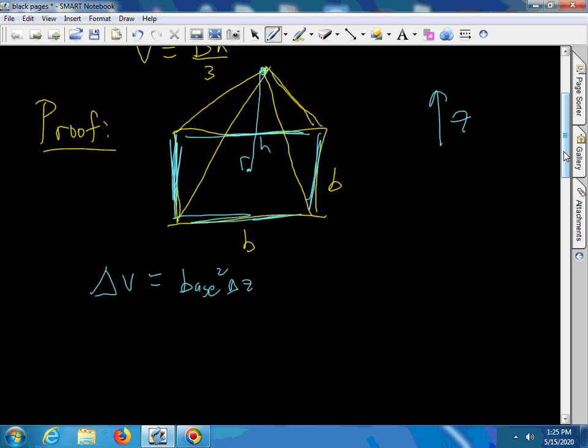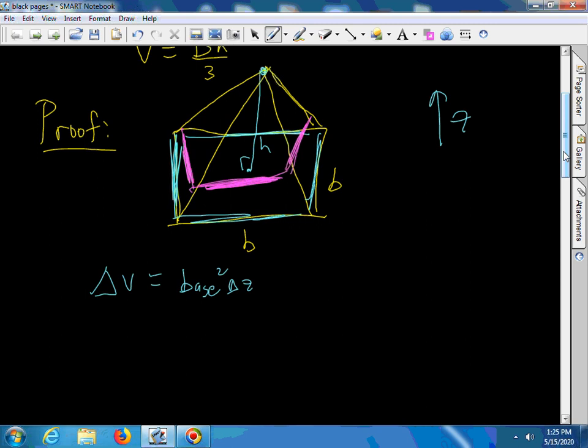In other words, for this slab up here, how long is this? I know all sides are the same, but how long is this if z is above 0?